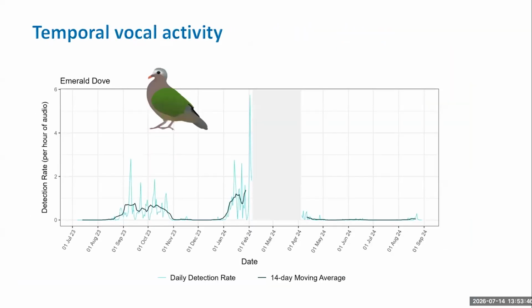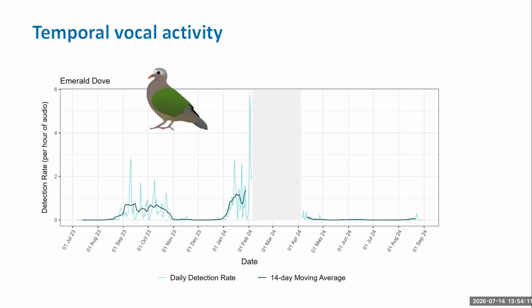And so, moving on from occupancy analysis, looking at using that vocal activity. Rather than just reducing the data to presence-absence, actually calculating the detection rate. This is a plot example of the number of detections each day, standardised for the number of hours recording, so recording effort.